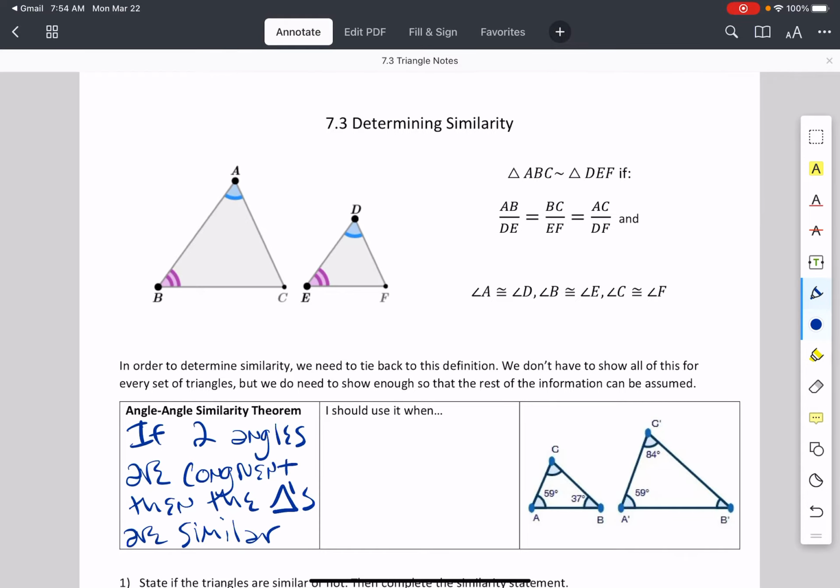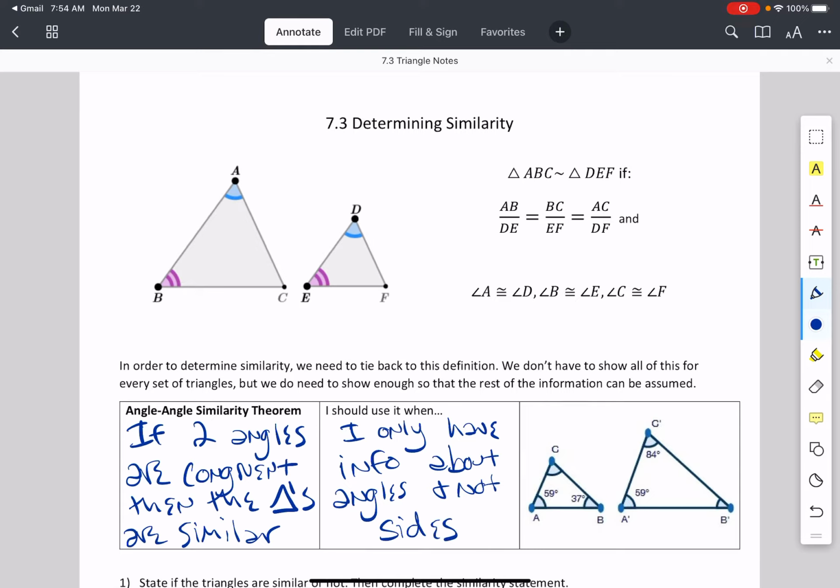Okay. I should use it when I only have info about angles and not sides.